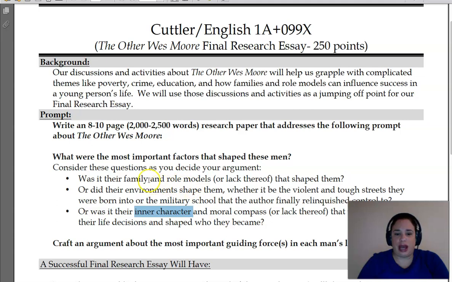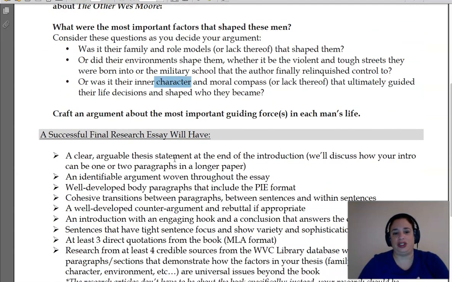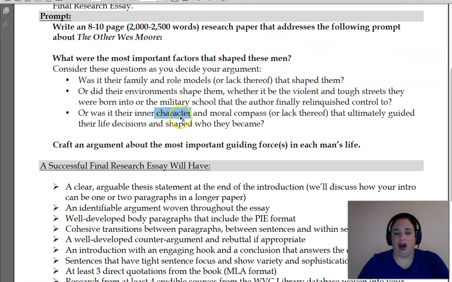And so you can see how these factors, family, environment, character, are universal themes and ideas that shape all of us. So they're overarching themes that we can use the book for support, but we can also then start to do research about how these factors shape all of us.